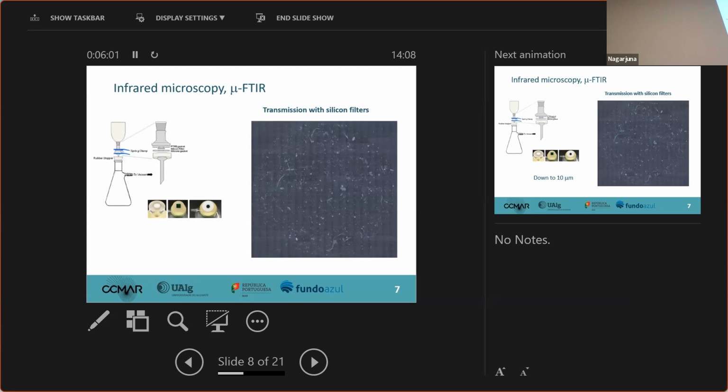But even this method is quite slow. It might take, say, 2 hours or even 3 hours to automatically analyze a single sample using this procedure. So the analysis of microplastics in natural samples is really time-consuming, it is not that straightforward. Okay, so this is one example.